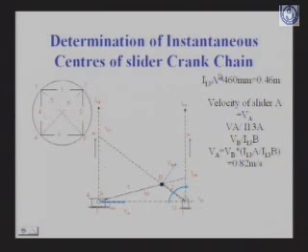Here we have also determined I13, this point. The distance between this point and this point we have determined with the help of a scale, and it comes to 460 millimeter or 0.46 meter. So the velocity of the slider can be calculated with the help of this instantaneous center.